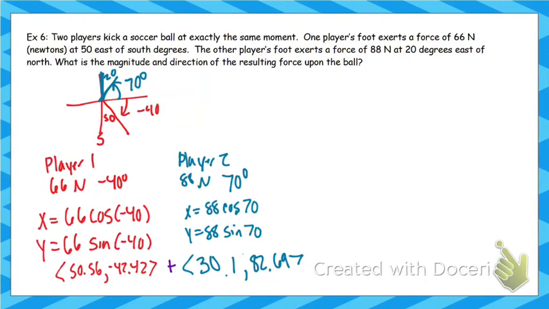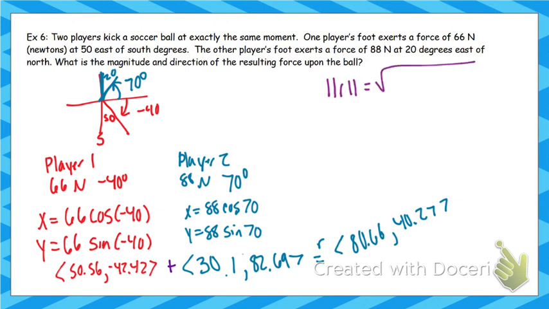All right, so my resultant here, 50.56 plus 30.1 would be 80.66 for the x. Negative 42.42 plus 82.69 for the y's is going to be 40.27. So that is your resultant component form. Now let's go ahead and find our magnitude using Pythagorean theorem. 80.66 squared plus 40.27 squared, square root it, and I get a magnitude of 90.15 newtons on this one.